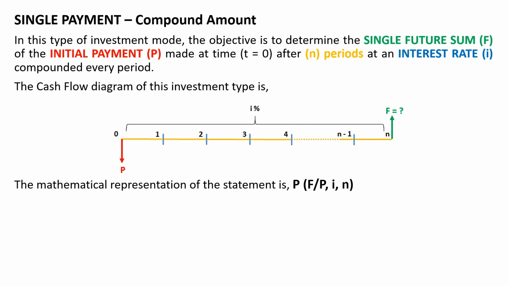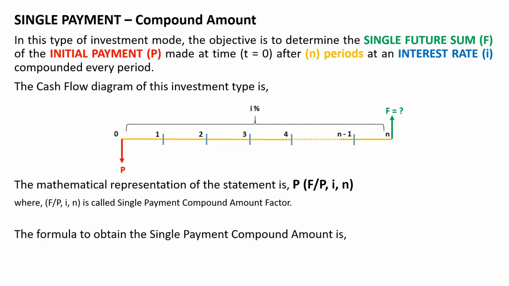The mathematical representation of this statement is: find F, given P, with i interest rate and n interest periods, where F/P, i, n is called the single payment compound amount factor.